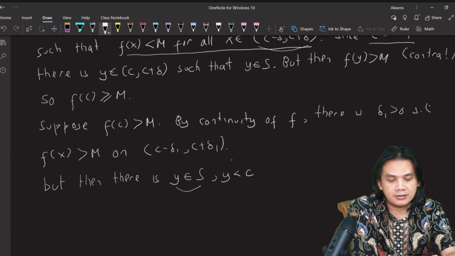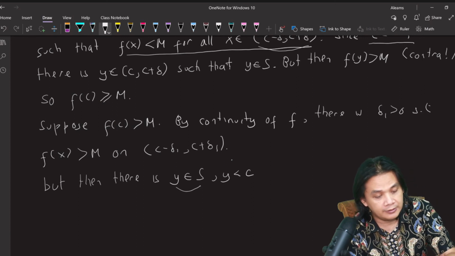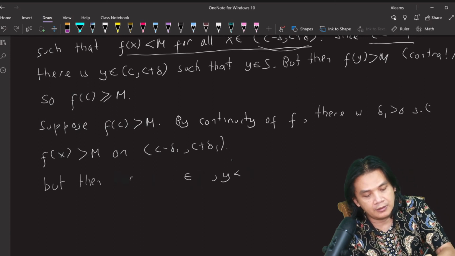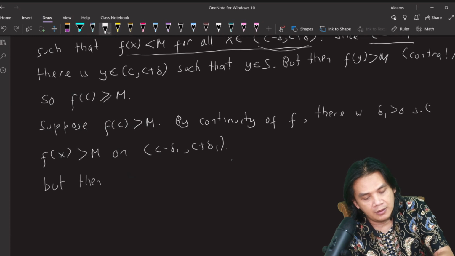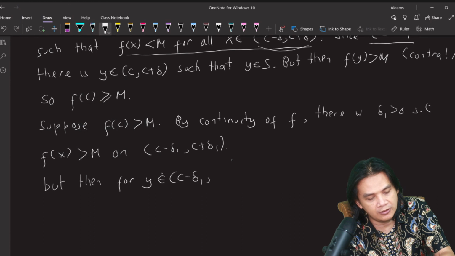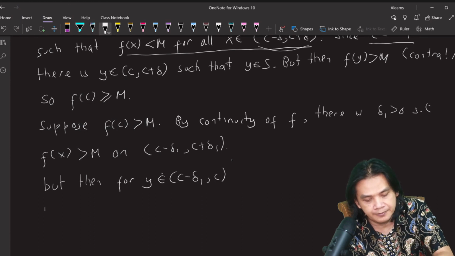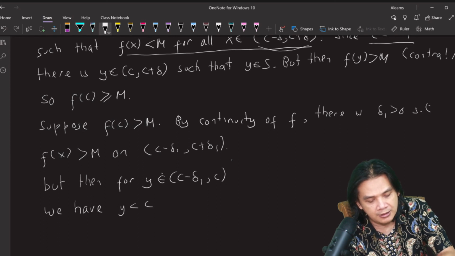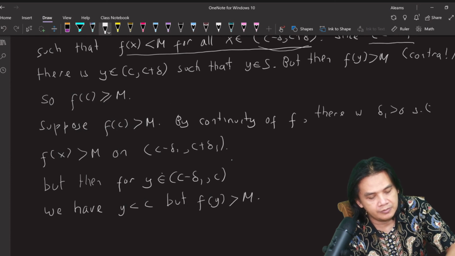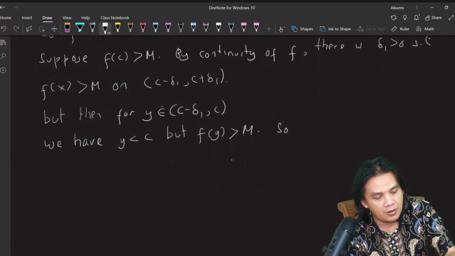For y in the interval (c - delta 1, c), we have y less than c but f(y) greater than M. So y is in S but not bounded below by c.